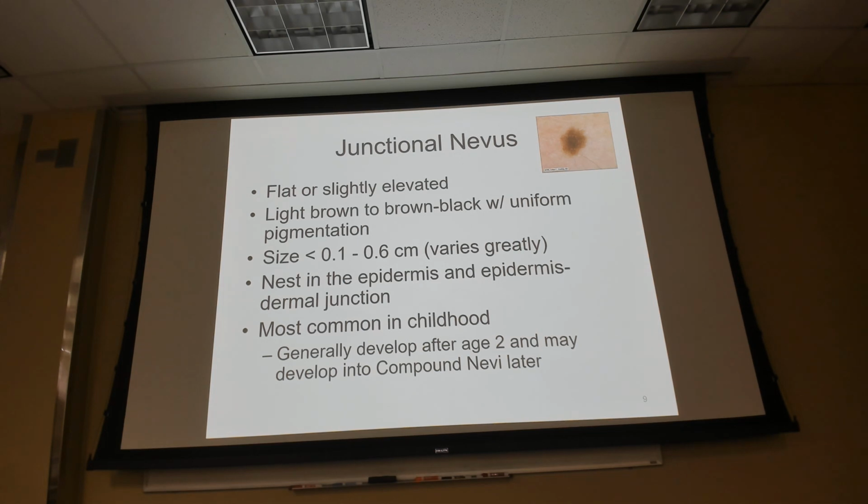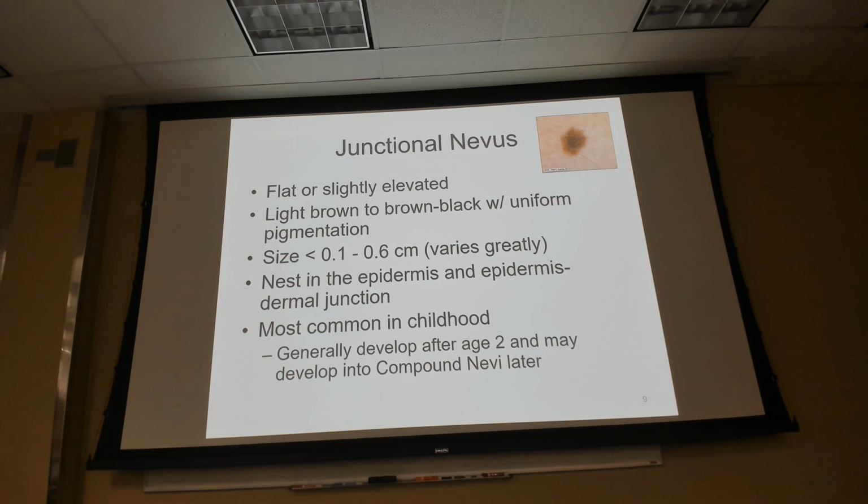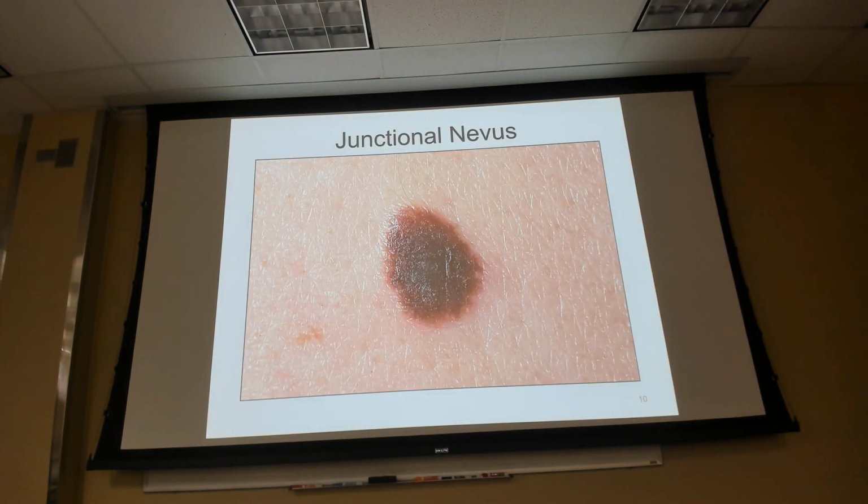That occurs right after age 2, and then as it's growing in age, this can later become a compound. So it starts as a junctional, and then it can become a compound, which you can see with all of the pictures here. The junctional is slightly elevated, dome, throughout the three types. So they can develop into those. This is just breaking them down to how they start off. So there you go. That one is obviously slightly elevated.